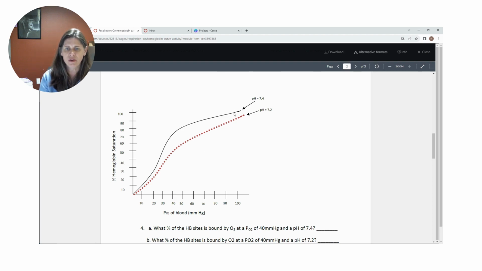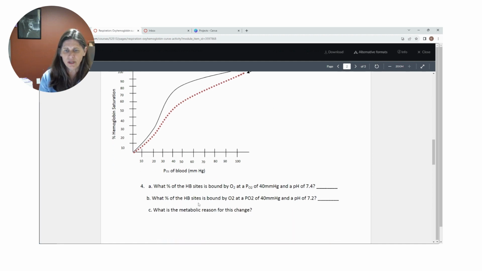This curve indicates what it is at 7.4. So I'm going to go from 40 and keep going up until I hit the solid black line, and that should be about 75%. You write 75% here, because I asked for a percentage.